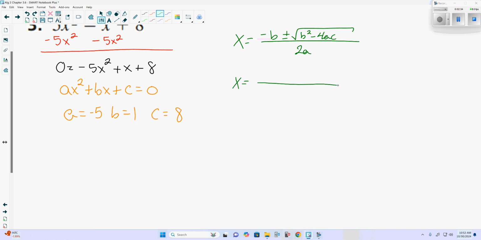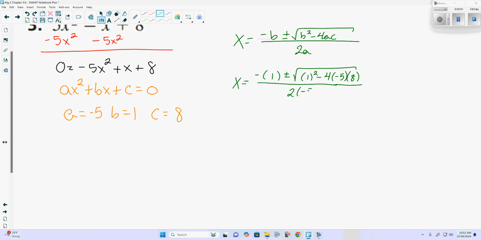So, x is equal to negative b plus or minus the square root of b squared minus 4ac all over 2a. So we'd have negative b. Well, our b value is 1. Plus or minus the square root of b squared minus 4 times a, which is negative 5, times c, which is 8.